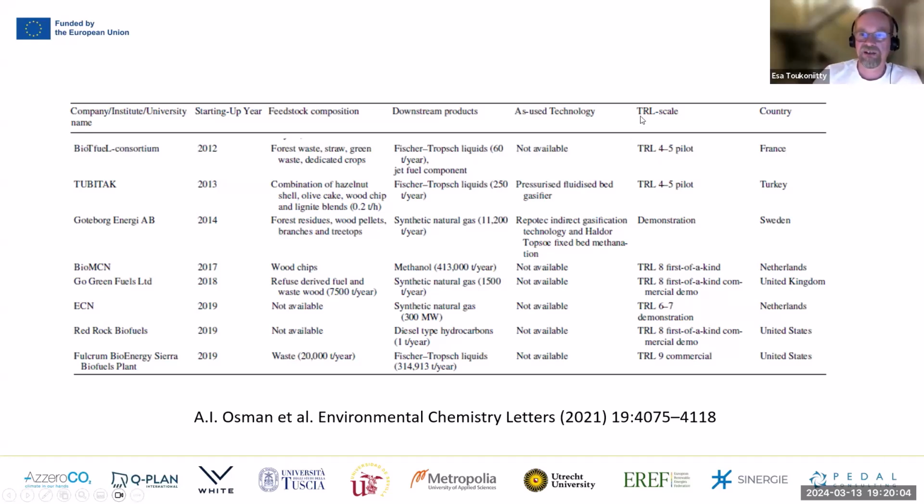This TRL is not only about the volumes, it's about how the technology is run, and whether it is a pilot or a lab scale experiment or test and so on. When it goes to TRL 1, 2, and 3, it's more like proof of concept or making it at laboratory scale, in quite small volumes.